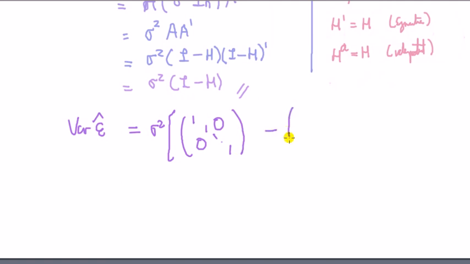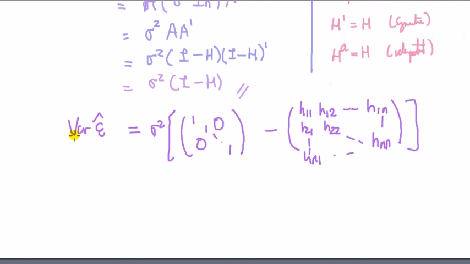Now this thing, that's where you're going to see the notation, using matrix notation: row 1, column 1, h11, row 1, column 2, and so on, row 1, column n, okay, diagonals h22, hnn, because it's an n by n matrix, okay, h21, okay, hn1. We want just the stuff on the diagonal.